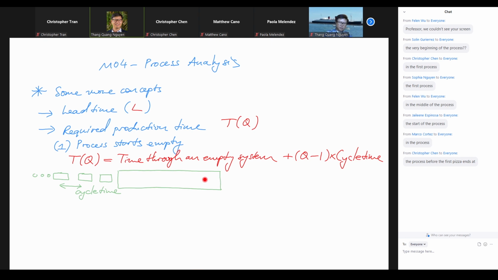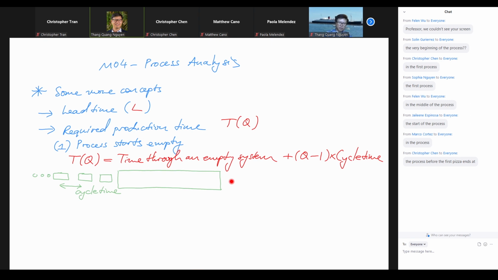After one cycle time, the second pizza exits the process, and the third pizza replaces it right here. Another cycle time, the third pizza comes out. Another cycle time, the fourth pizza comes out. Another cycle time, another pizza comes out.